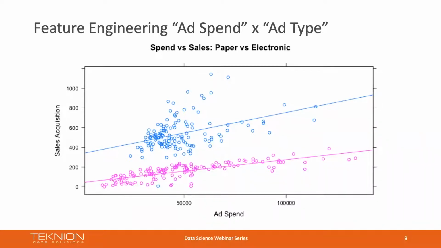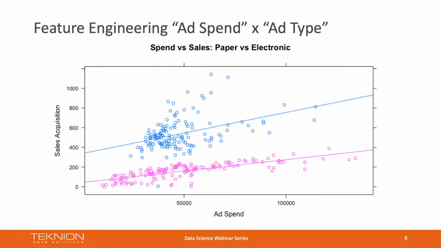So those pink circles and the regression line that's fit on those are actually sales acquisitions from paper advertising that we did. And then electronic advertising are those blue dots. And so what you see is that we're actually seeing quite a bit more return on investment from the electronic advertising than we are from the paper advertising.